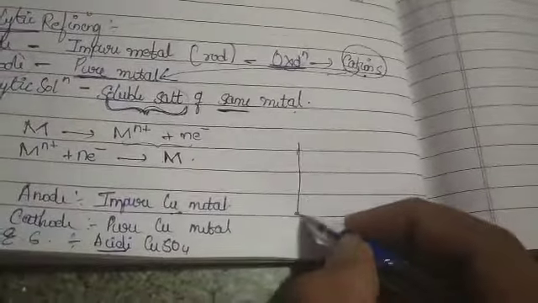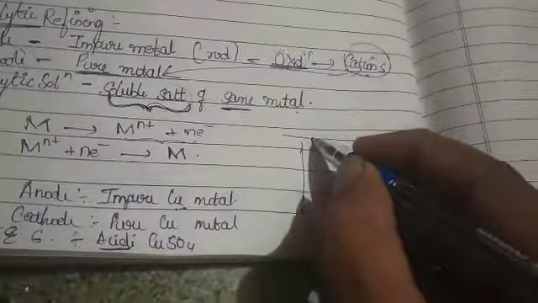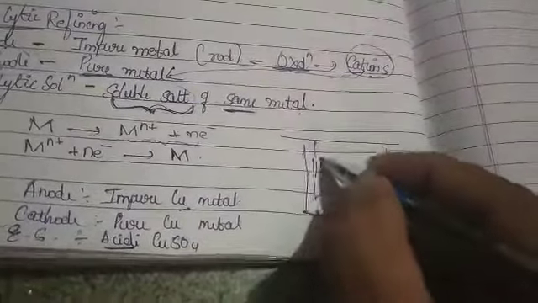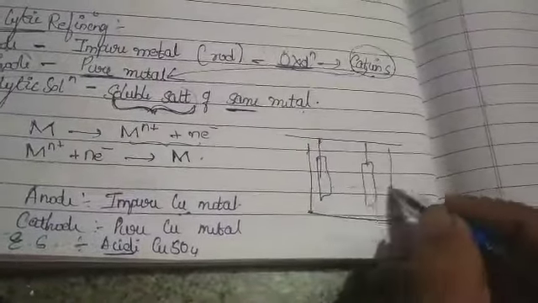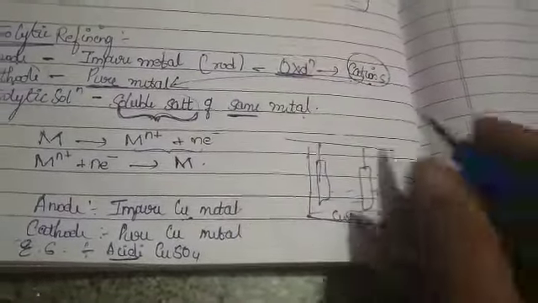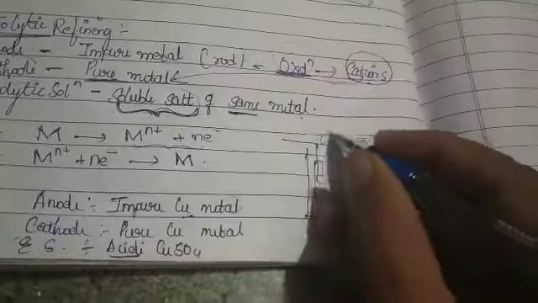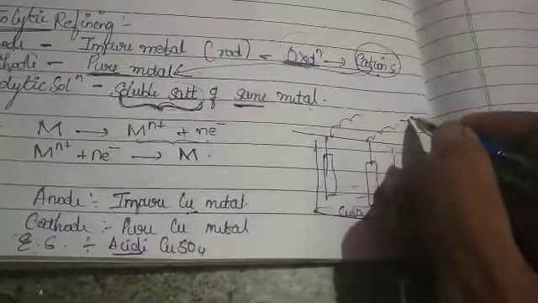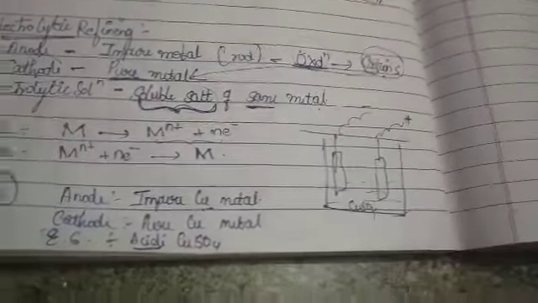Now let us see what is happening in that chamber. Here is your cathode, here is your anode, and here is your copper sulfate solution. So what happens over here? When you pass an electric current, let us take this one as the anode. Anode means positively charged. This is your cathode, negatively charged.